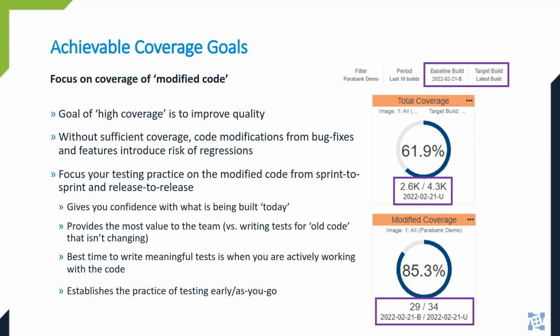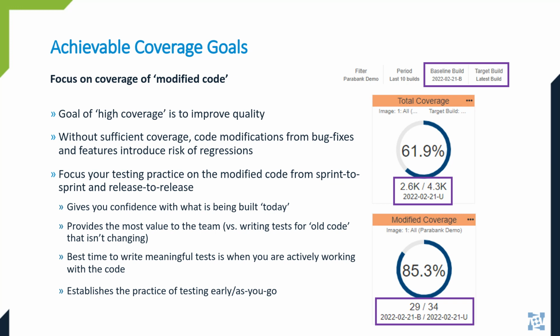So understanding how those changes impact the tests, and what tests those changes are associated with, can help you save time when you're actually running your test suite. Modified code coverage is the big result from that.